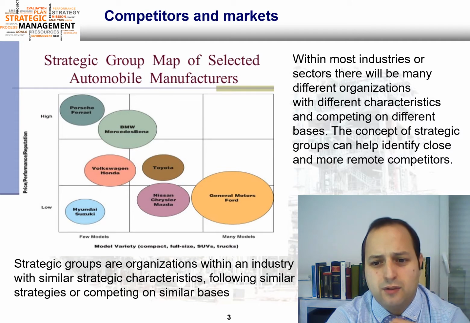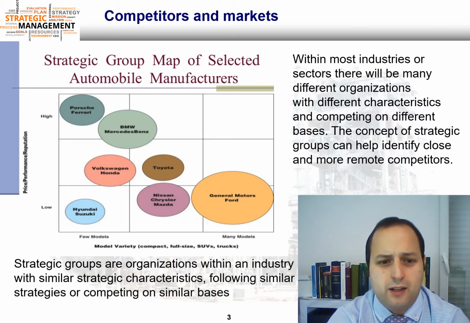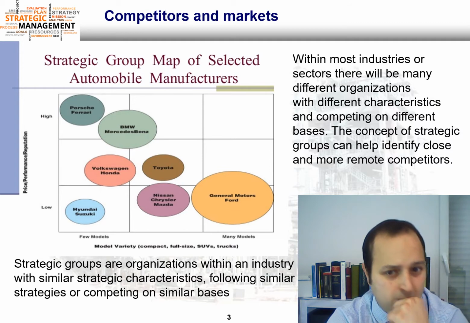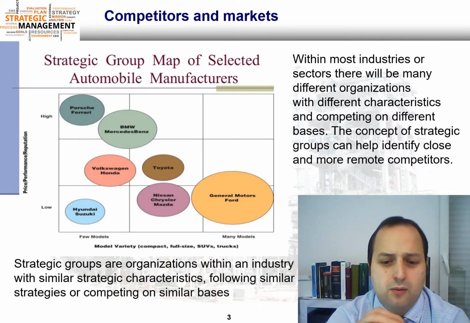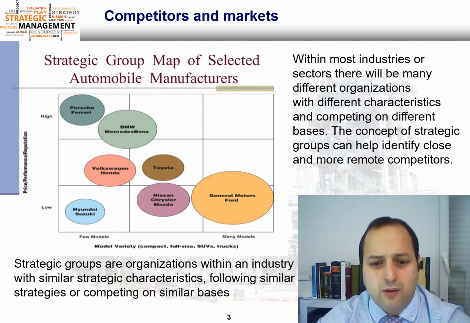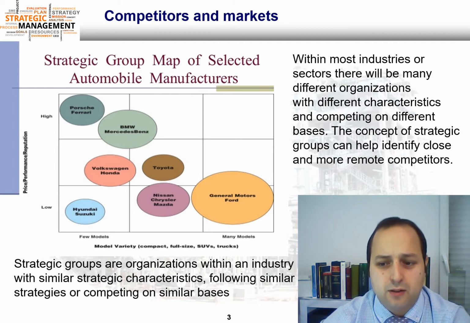The concept of strategic groups is going to help to identify the close and the remote competitors. As you can see here, through a strategic group map of the automobile industry, this map is going to help to identify which are your direct competitors and the opportunities and threats of such competitors.